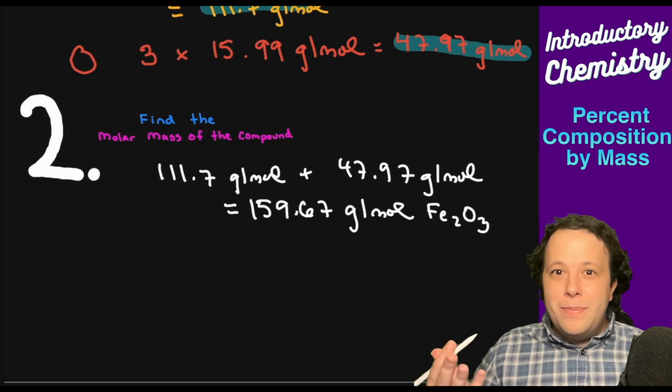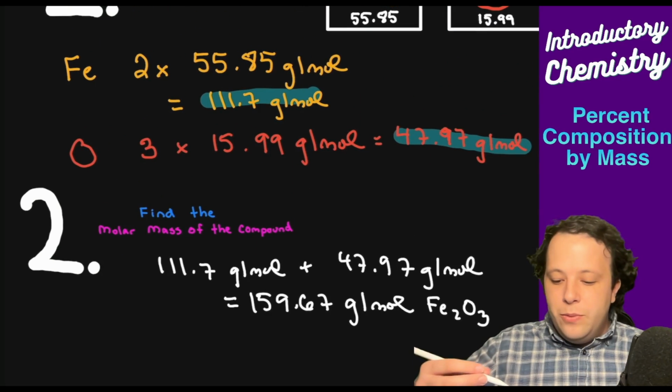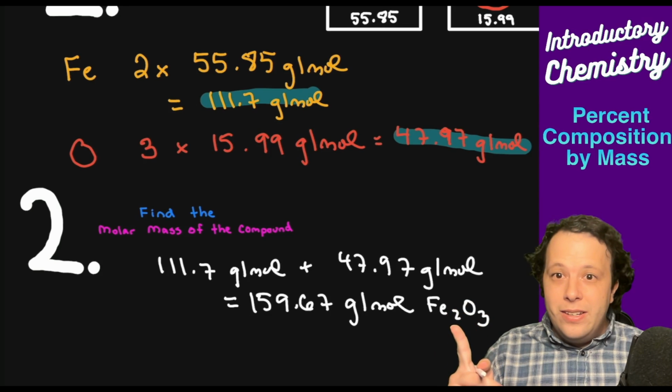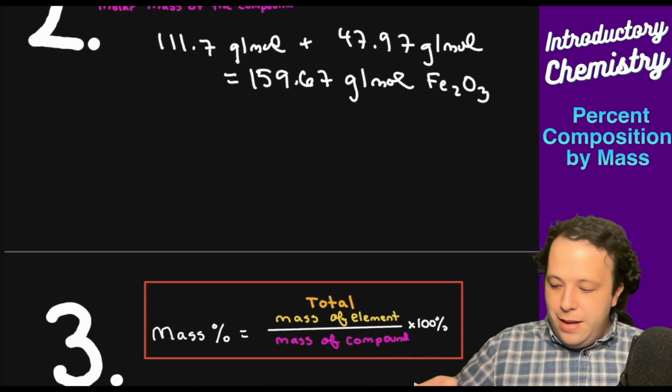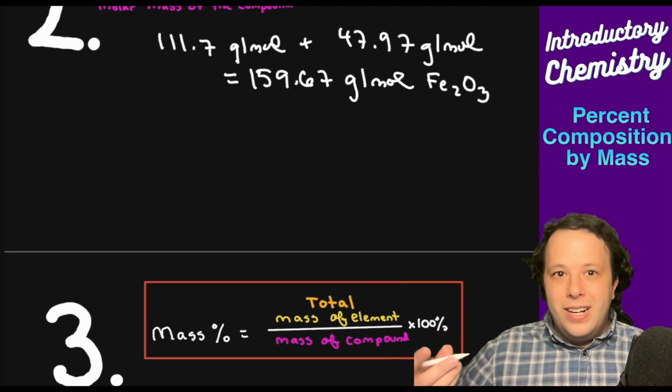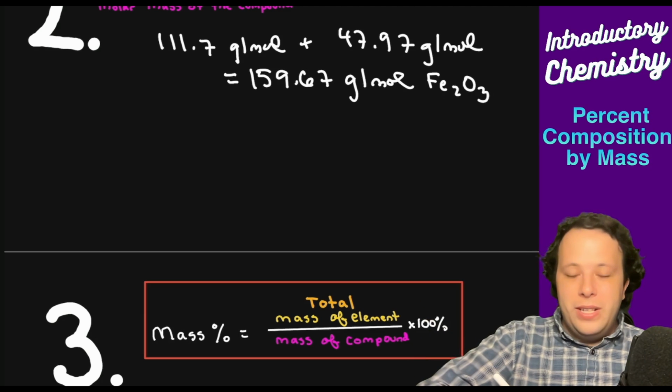Now, the last step is to find the percents. Which two values do we need? We are interested in iron in this particular one. To find the portion of iron, that value before was 111.7.